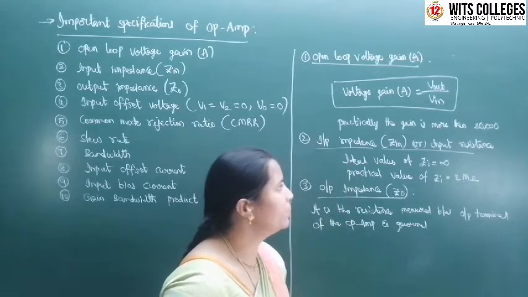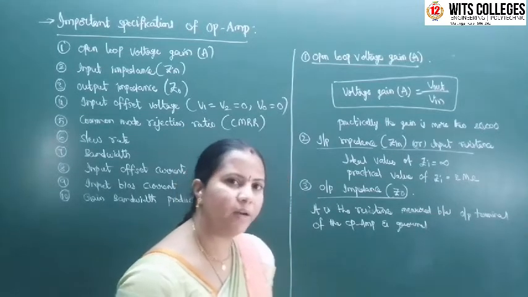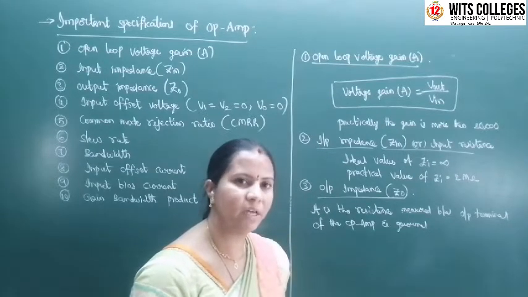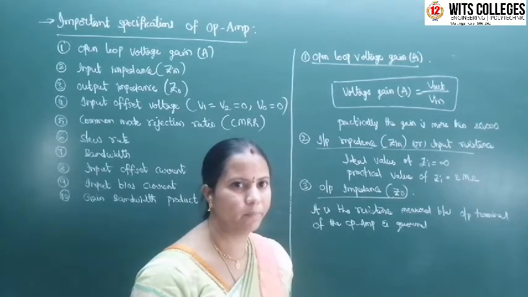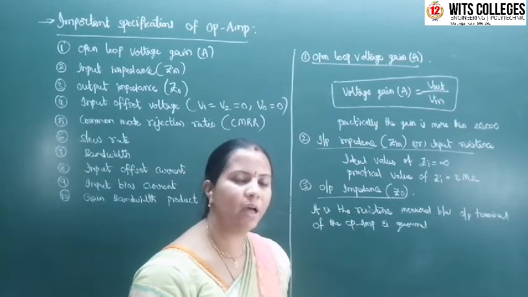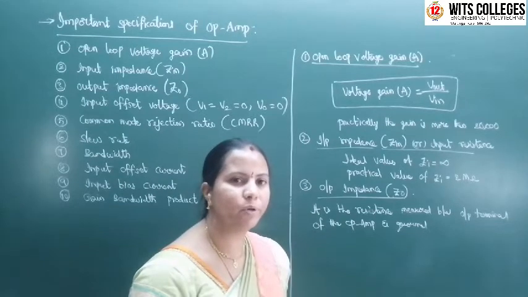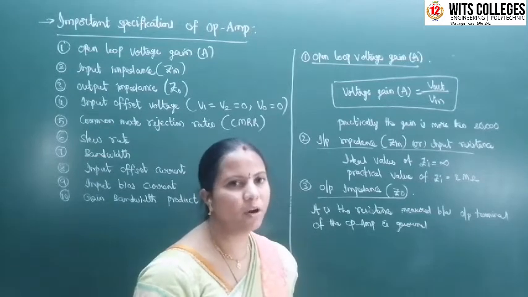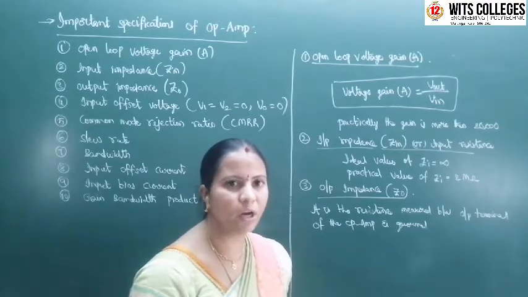Coming to the next one, input impedance, indicated by Zin, or we can also call it input resistance. How do we define input impedance? It is the equivalent impedance measured at either the non-inverting terminal or the inverting terminal of the op amp, and the other terminal is given to the ground.